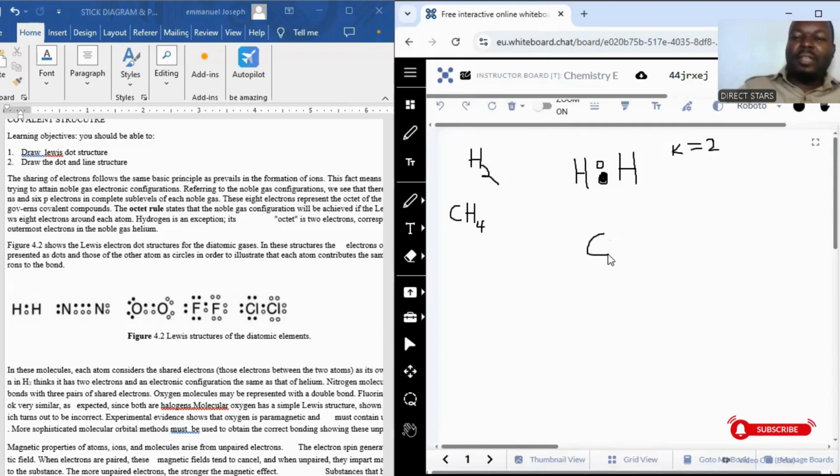And then you spread your hydrogen. So how many hydrogen do we have? 4. So that means if I am distributing the electrons in the outer shell of carbon, I must consider giving space for 4 hydrogen atoms to come in. Carbon has atomic number of 6, which denotes that it has 6 electrons.